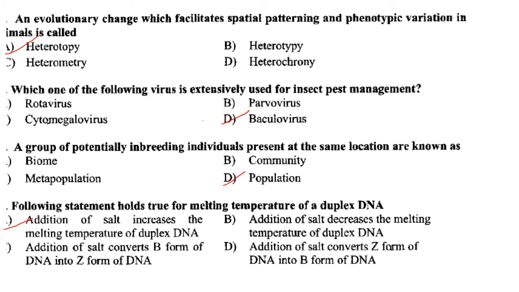An evolutionary change which facilitates spatial patterning and phenotypic variation in animals is called heterotopy. Answer is option A. So heterotopy is an evolutionary change in the spatial arrangement of an animal's embryonic development.